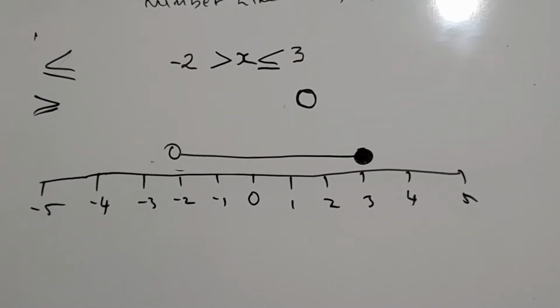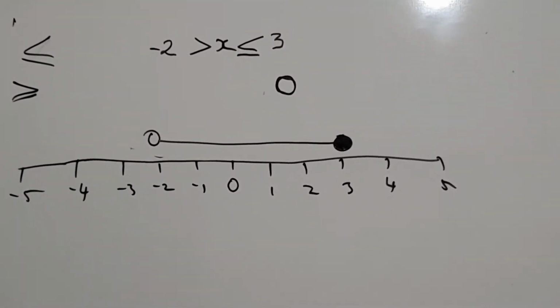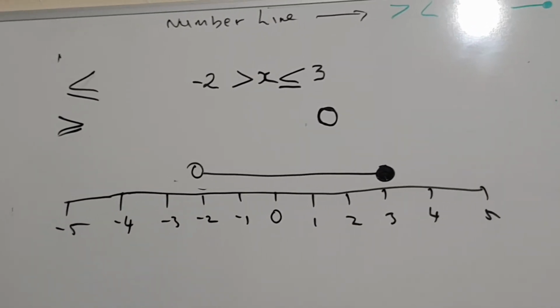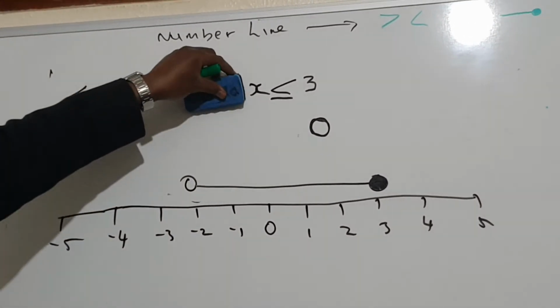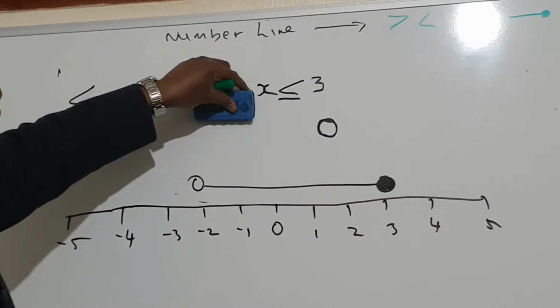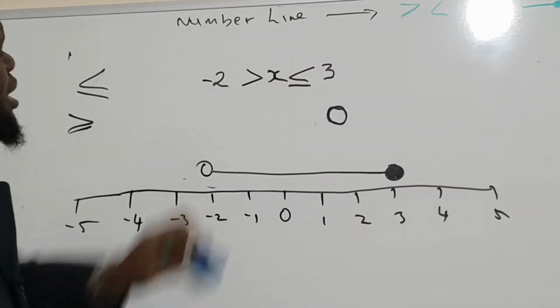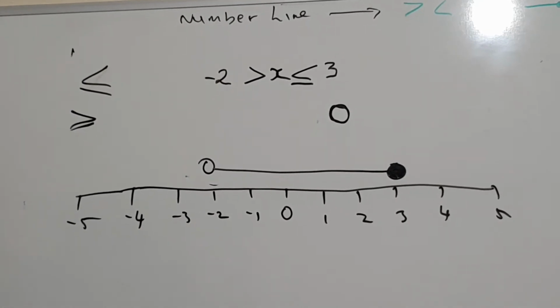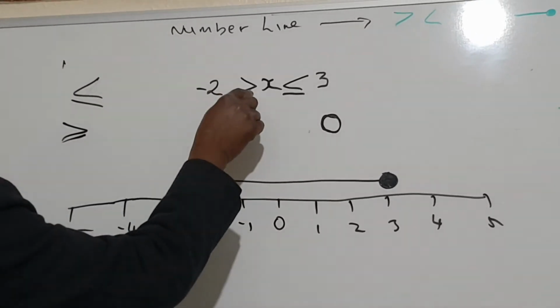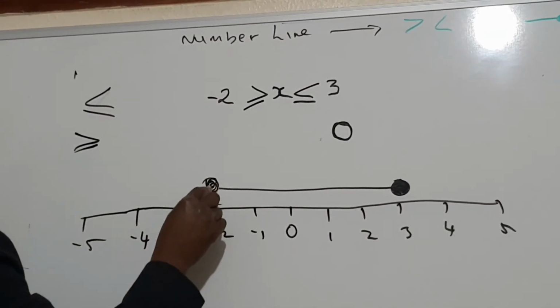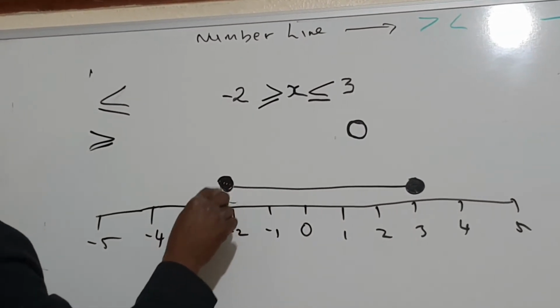So, two sides. Less than or equal to 3. And another side is greater than or equal to minus 2. Now, if they were all like that, what would happen? You would have said that one also. Isn't it? Yeah.